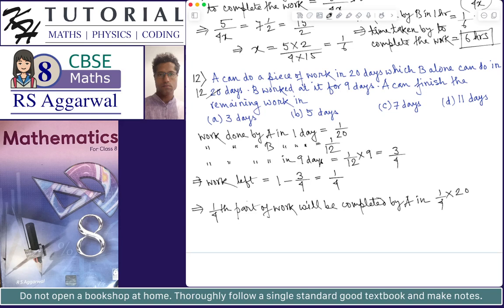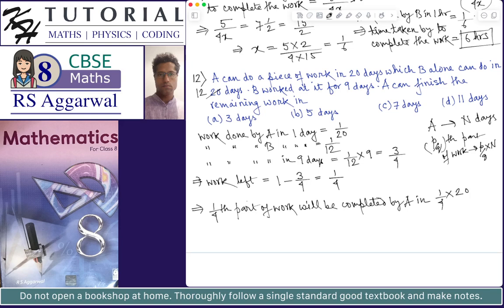Always remember that if A can do a piece of work in n days, then the time taken for A to complete the P by Qth part of work is P by Q multiplied by n days.